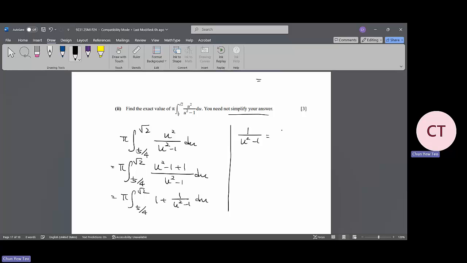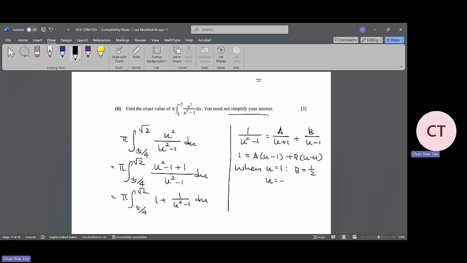Make it become a over the u plus 1 plus b over the u minus 1. So you get 1 is equal to a(u minus 1) plus b(u plus 1). When u equals 1, you have b equal to a half.